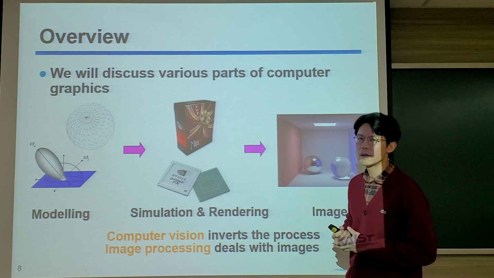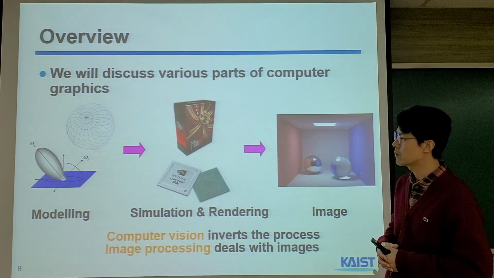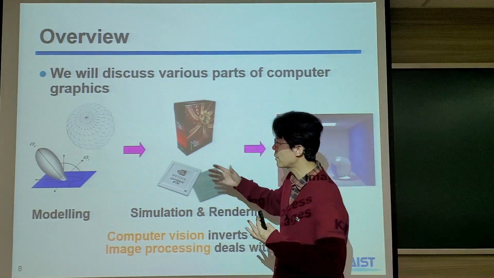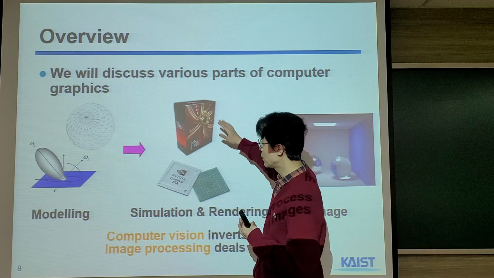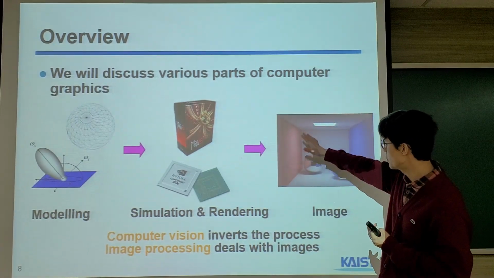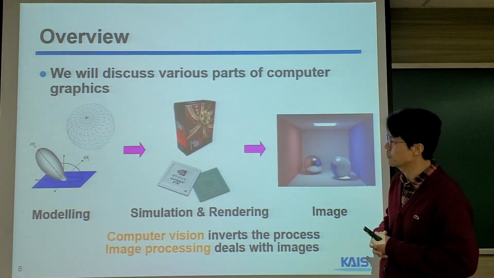This shows the general structure and overview of computer graphics and many other fields. In computer graphics, we start from some type of model, then we run some algorithm, and in the end we need to produce some sort of image or video for the user.